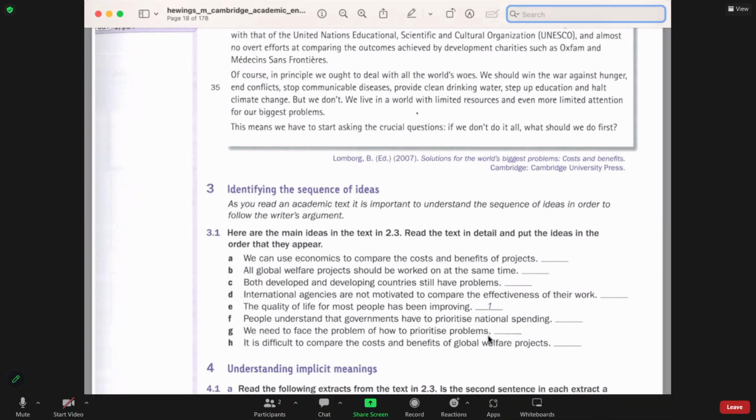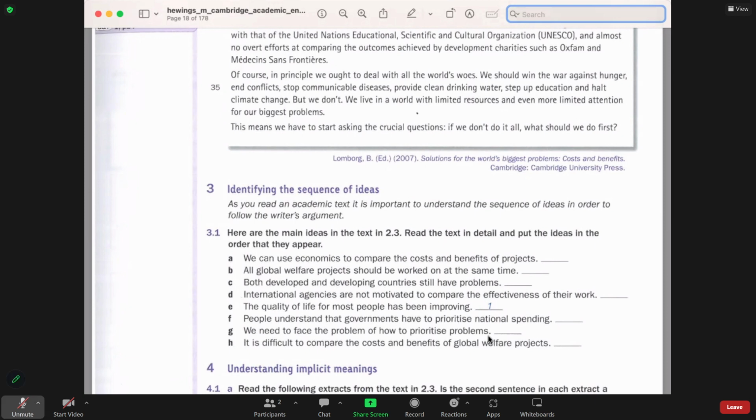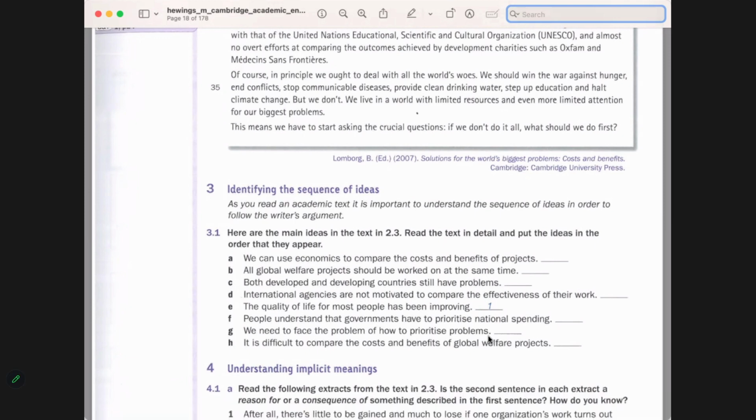Yeah, I agree. 4F. 5H. 6D. Then 7B and 8G. The main ideas put in order, in such an order.